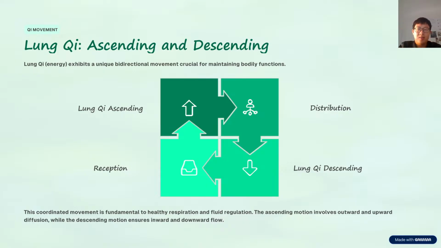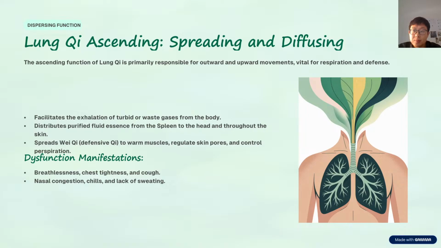Okay, let's explain it. Lung energy ascending helps expel bad air from the body, which means your breath out.